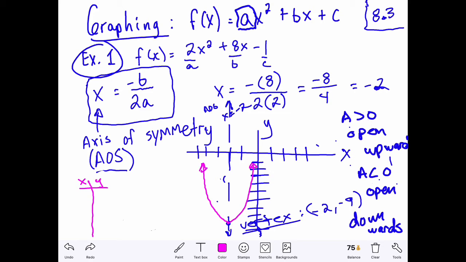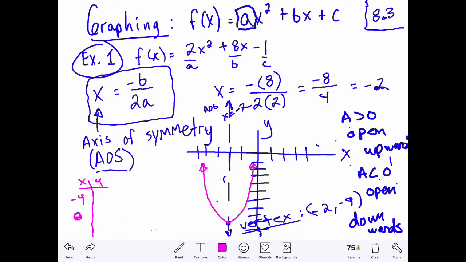Well, not 0, not the y-axis anymore, because notice my axis of symmetry is over here at x equal to negative 2. So I'd want to pick values maybe on either side of that, say 2 units away, negative 4 and 0. So notice each of those are 2 units away from negative 2, right? Negative 4 is 2 units in the negative direction, and 0 is 2 units in the positive direction.